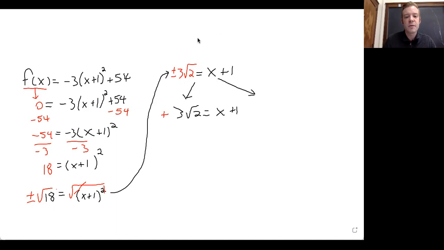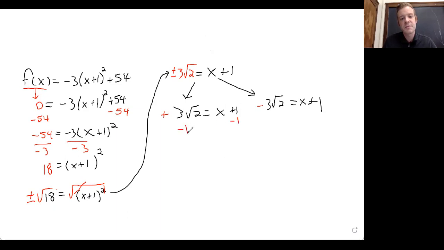And we also have one with the negative. Now, we do need to solve these out. We do need to get x by itself. So I'm going to subtract this one just as I did on the last several problems.